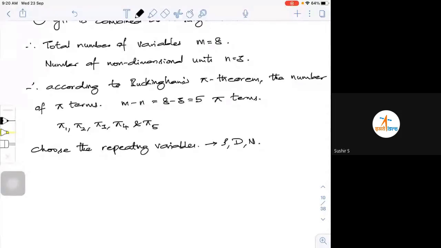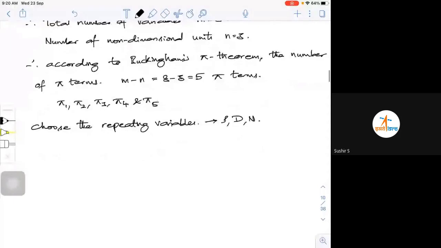Now, once I have written this, let us write the pi terms. So rho, D, N is my repeating variable. Therefore, I can write pi 1 is equal to rho to the power of a1, D to the power of b1, then N to the power of c1.